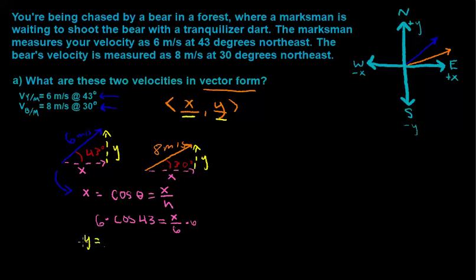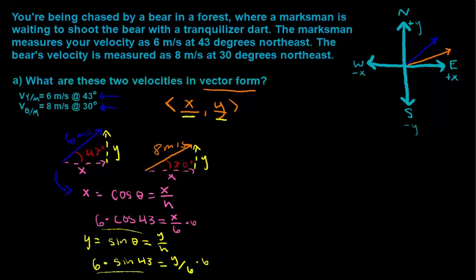So the y component will equal sine of theta, which is equal to y over the hypotenuse, because it's opposite over hypotenuse. And then this will be sine of 43 degrees is equal to y over 6, and then we multiply by 6 on both sides.